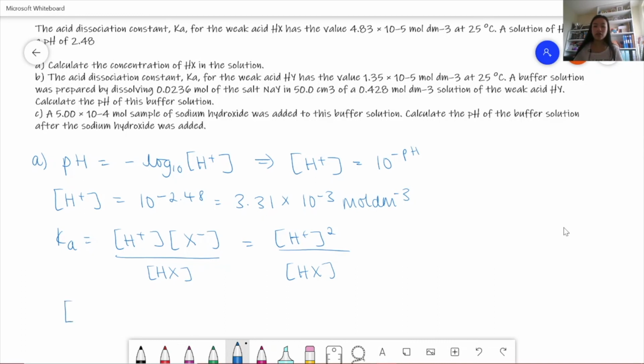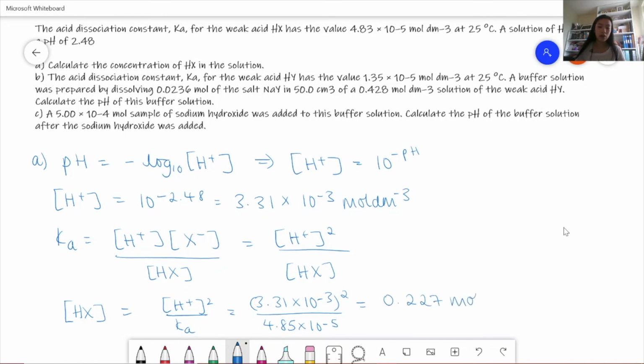By rearranging this, we can then find the concentration of HX. The concentration of HX is equal to the concentration of H+ squared over Ka, which is equal to 3.31 times 10 to the minus 3 squared, all over 4.85 times 10 to the minus 5, and this equals 0.227 moles per decimeter cubed.